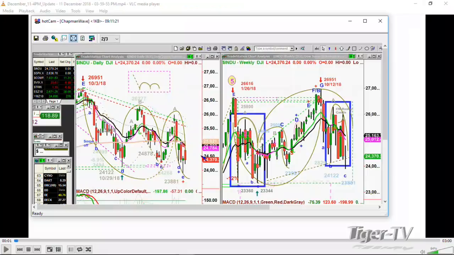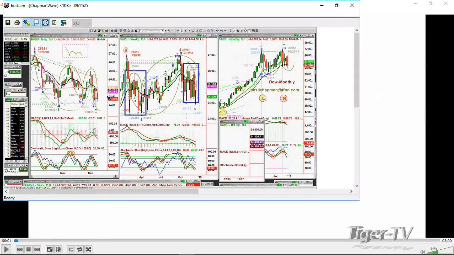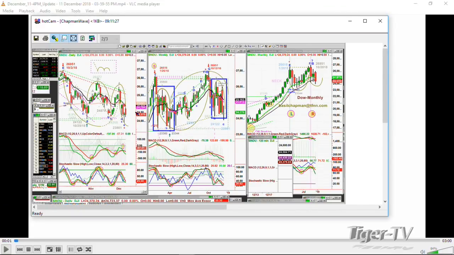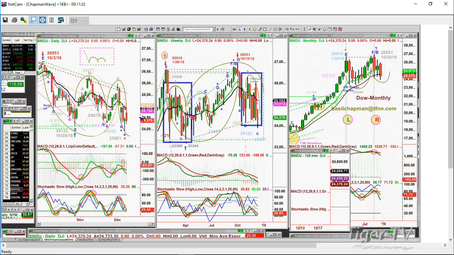We've got the same thing between the two parties, and it is a conflagration that has the potential to become even more intense. That's why I'm suspecting that the high that we've seen in the Dow, 26,951, is a pretty serious high.